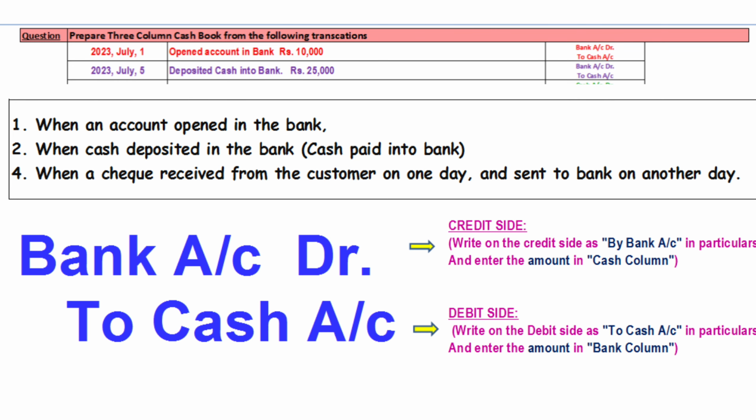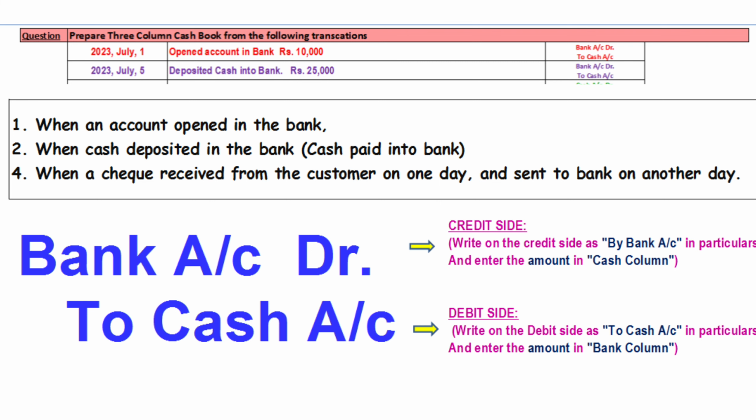So by bank is on the first side, now transfer to the second side in the 3-column cash book. Cash is on the second side in the journal entry, now it is transferred to the first side. So enter the amount oppositely. When you write bank, enter the amount in the cash column. When we write cash in a particular column, enter the amount in the bank column.